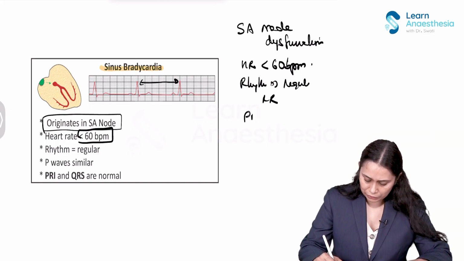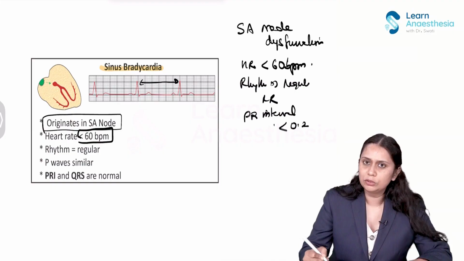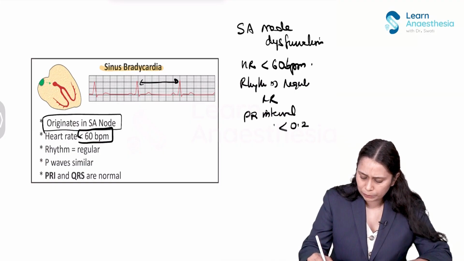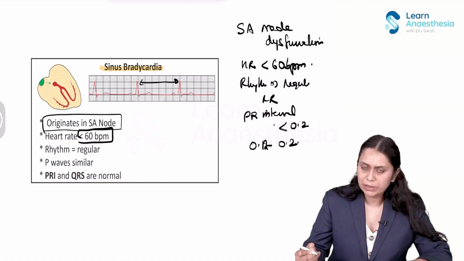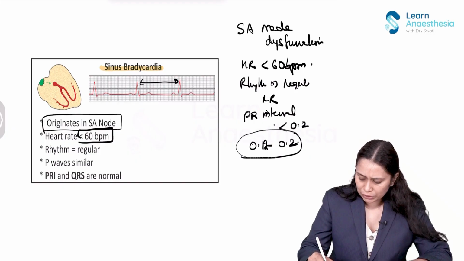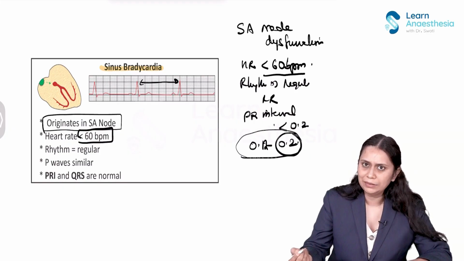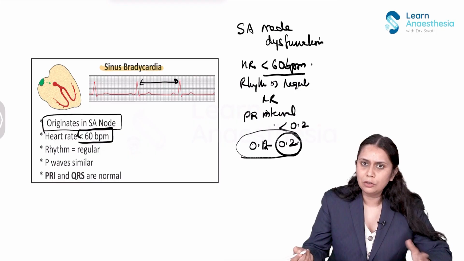Then the PR interval. The PR interval would be within 0.12 to 0.2, less than 0.2, right? So it would be within the normal range. It would be towards the higher range because the heart rate is low, but it would be within the normal range.